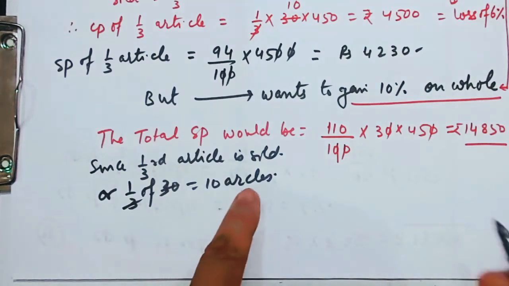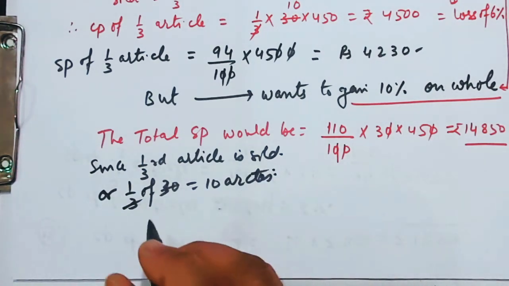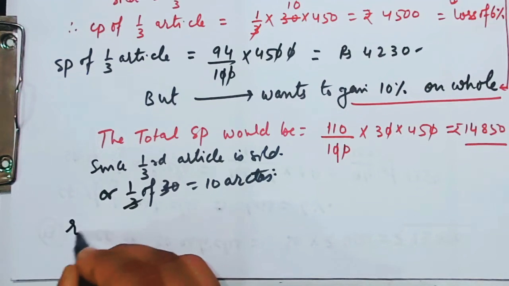So when 10 articles are sold, remaining is how much?